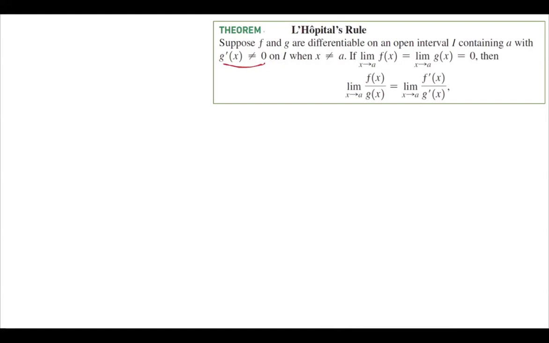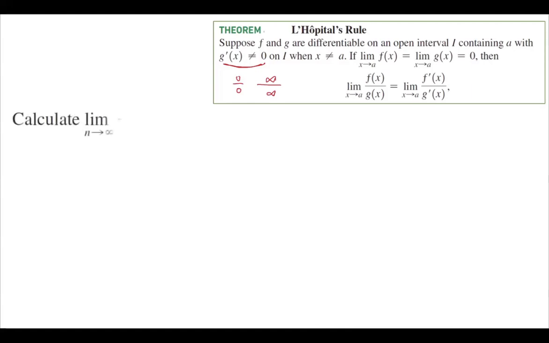If the limit of f and the limit of g are both equal to 0, or if you have infinity over infinity, so 0 over 0 or infinity over infinity, the limit of f of x divided by g of x is the limit of f prime of x over g prime of x. This is called L'Hopital's rule that they used in elementary calculus.